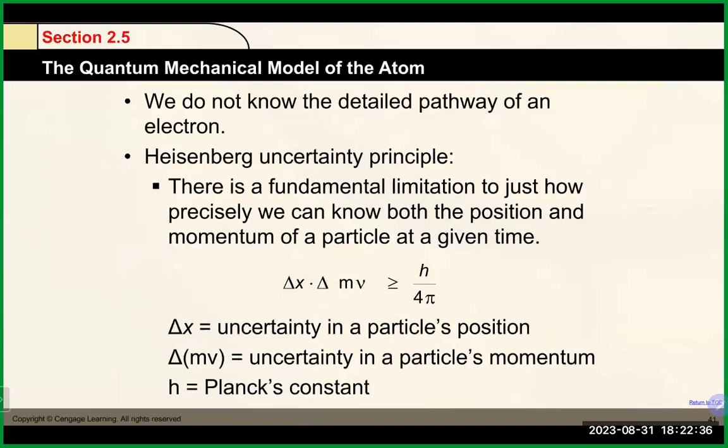As I mentioned a couple of times up to this, that is basically what is known as the Heisenberg uncertainty principle. That's its uncertainty in its position, basically its position times how it's moving, and it's greater than or equal to Planck's constant divided by 4 pi. We're not going to do any type of calculation, obviously, with this formula, but the idea behind it is what we've been talking about.